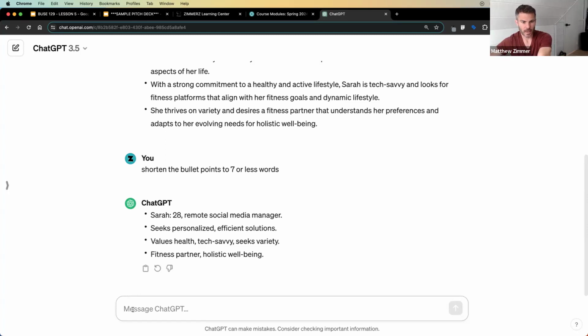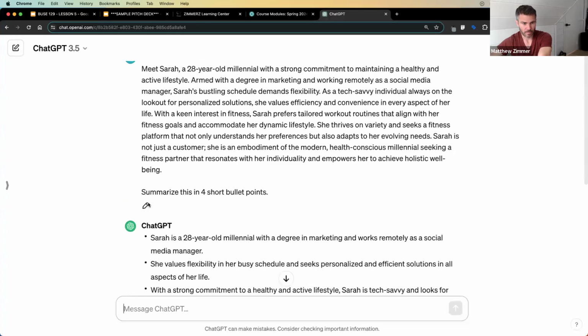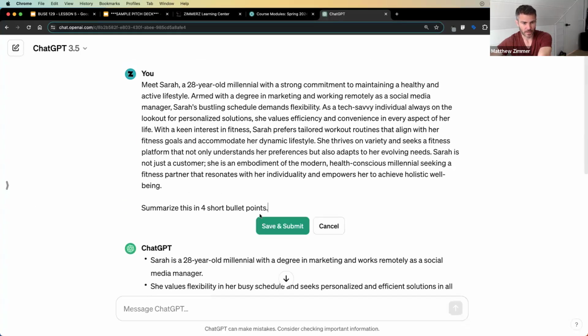Okay. So then let's say instead of bullets, I wanted to do a sentence, even though I think bullets are better. If I come back to this first prompt, I could say summarize this in a short sentence.